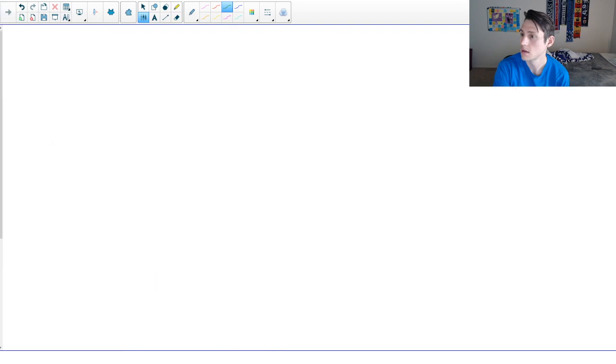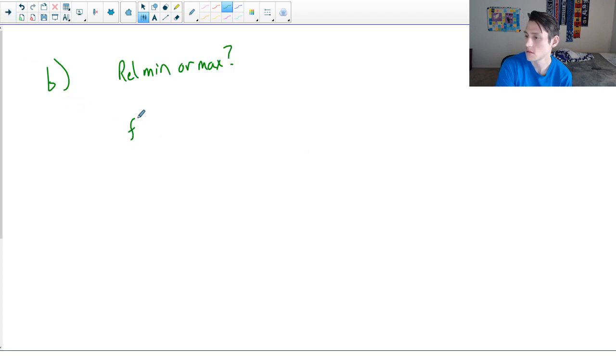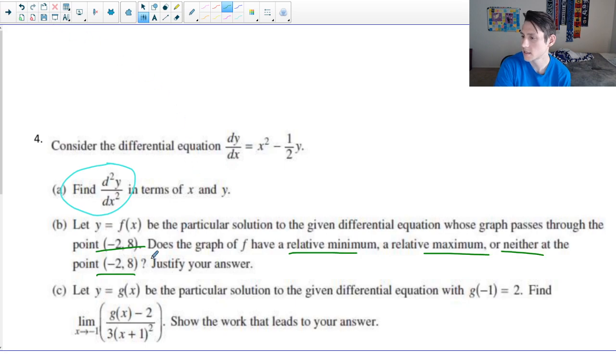In order to be a relative min or max, we need to figure out the derivative at -2.